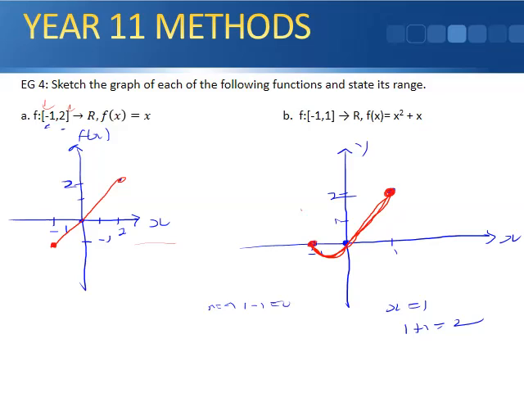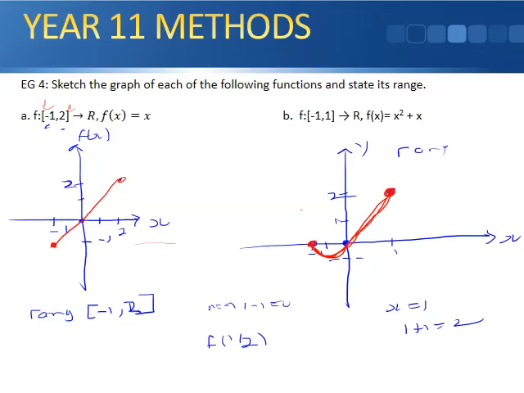Oh, the range, we've got to do the range. Better go back. So the range of these ones, for this first one, the y values are from -1 inclusive to 2 inclusive. And for this one here, the range, the lowest value of y, I'll need to find the turning point, which is going to be when x is a half.